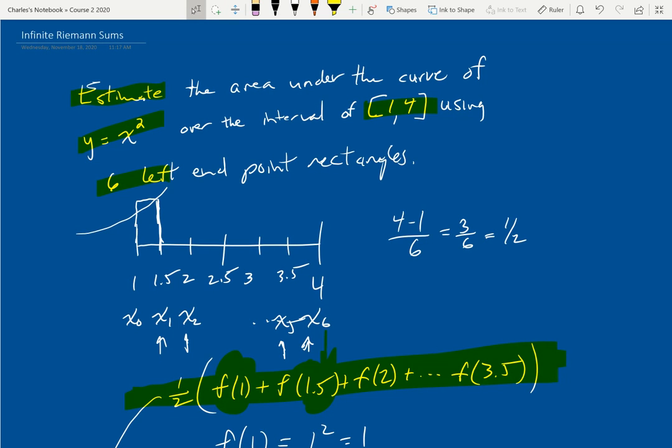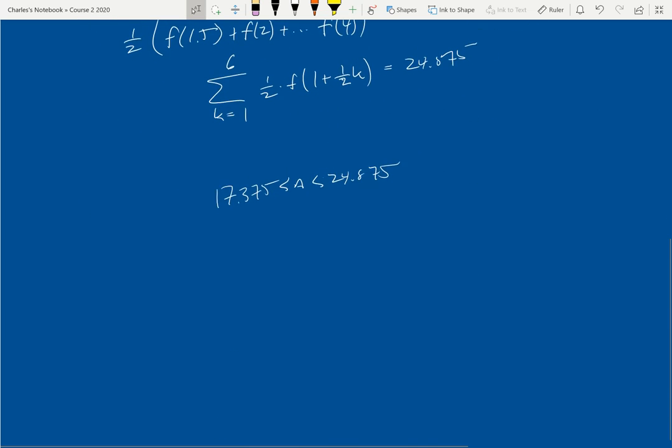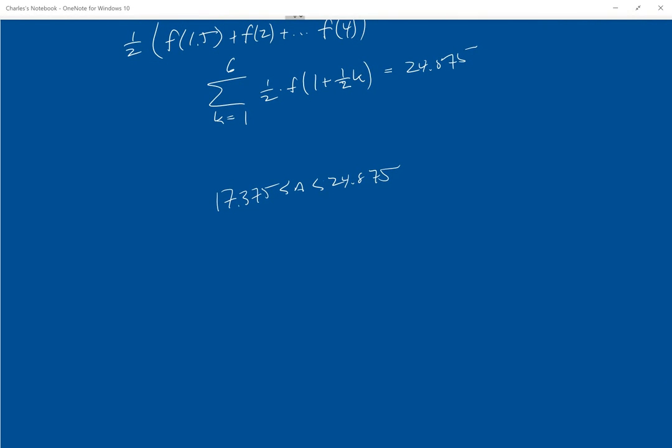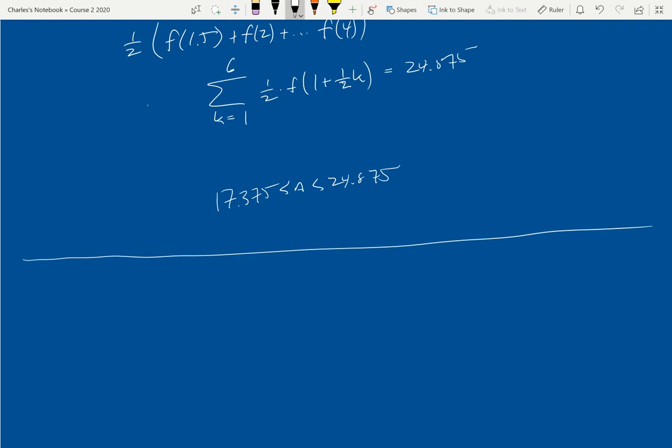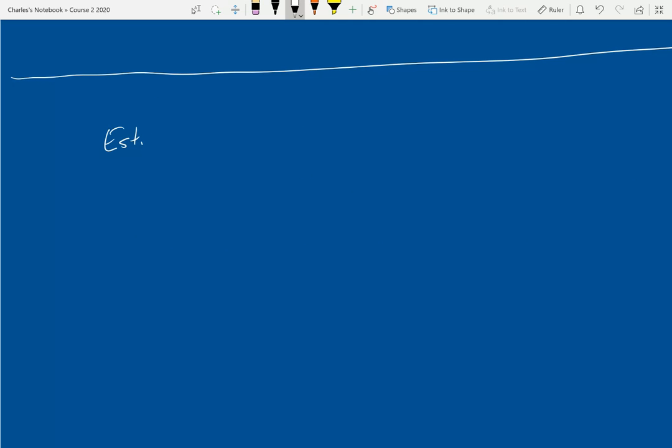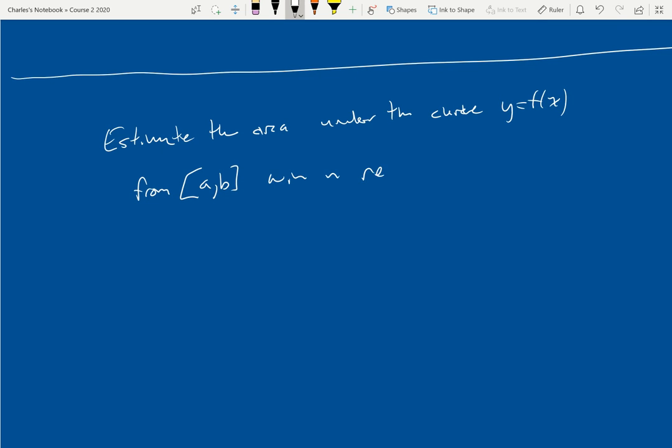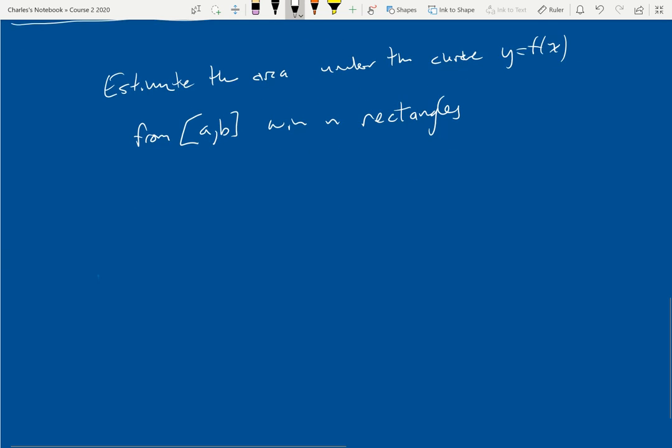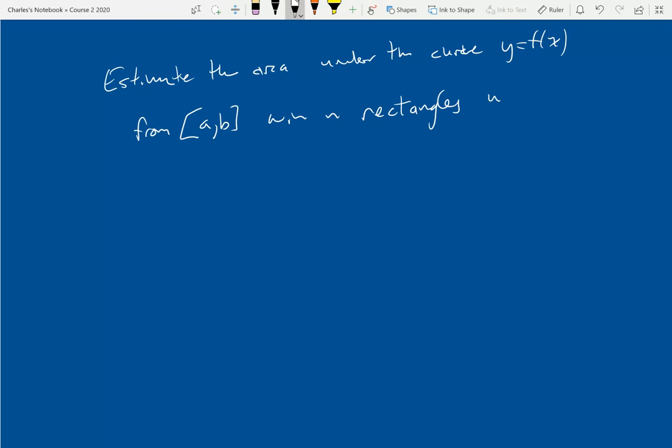So what I want us to think about, this is going to get to be a little bit long, is what happens if I go super abstract and I say just estimate the area under the curve y is equal to f of x over the interval from a to b with n rectangles using left endpoints.